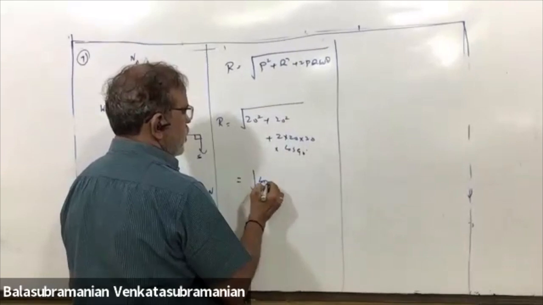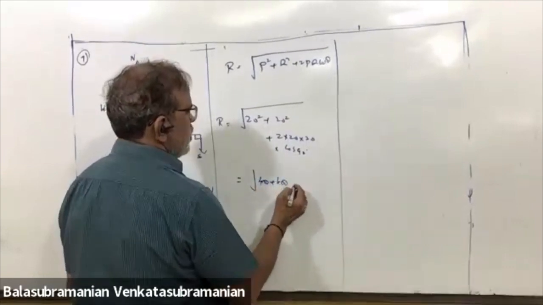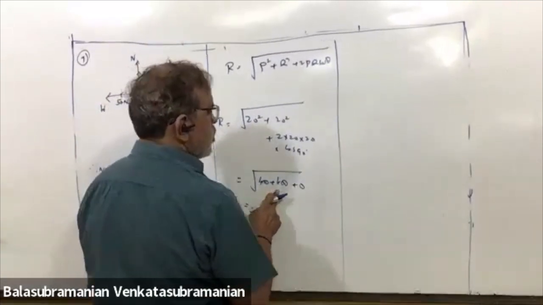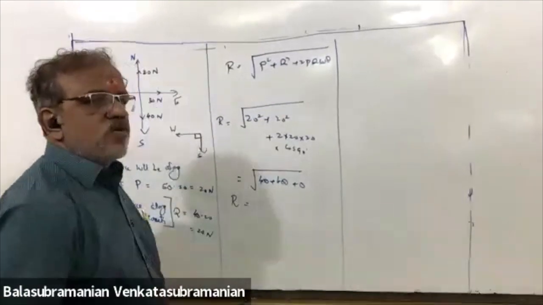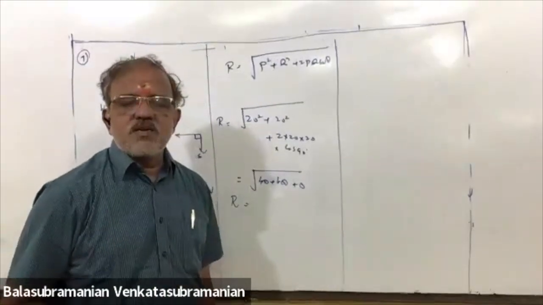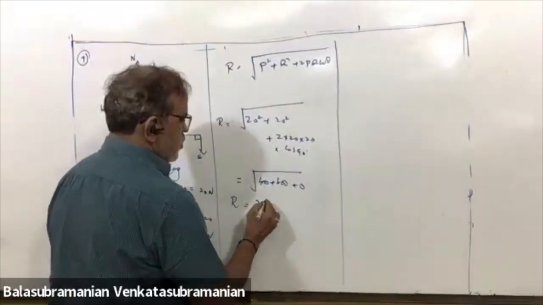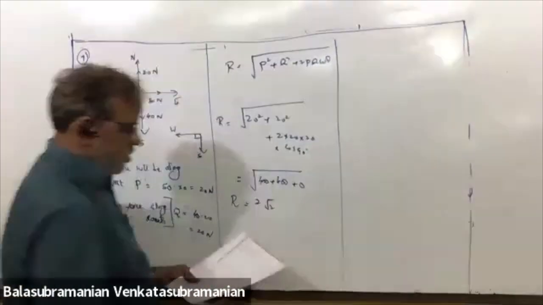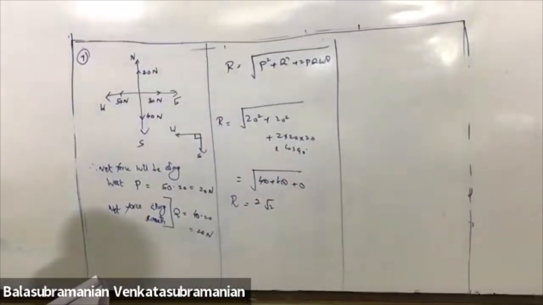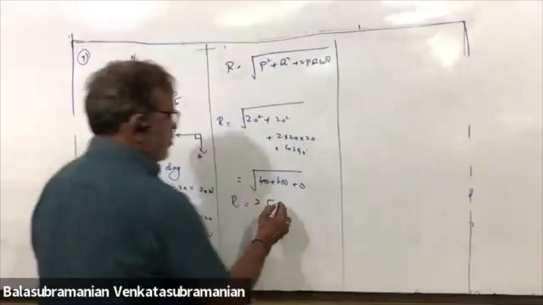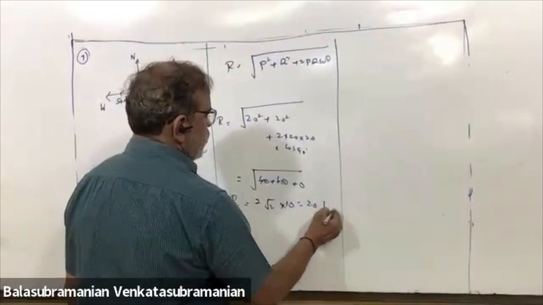Root of 400 plus 400 plus 0. Root of 800, root 8 into root 100. Root 100 is 10, root 8 is root 4 into 2, so 2 root 2. So 10 into 2 root 2, that is 20 root 2.